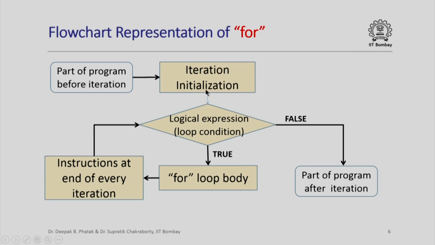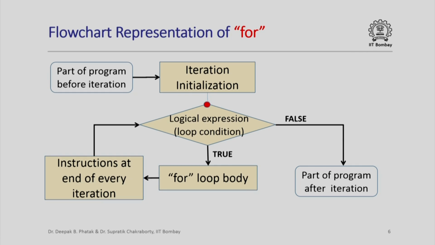Now here is a flowchart representation of a for construct in C++. We have the part of the program before iteration, and so our control may start there. Then it goes through the part of the code that does the initialization for the iteration. Then it evaluates the logical expression or the loop condition.